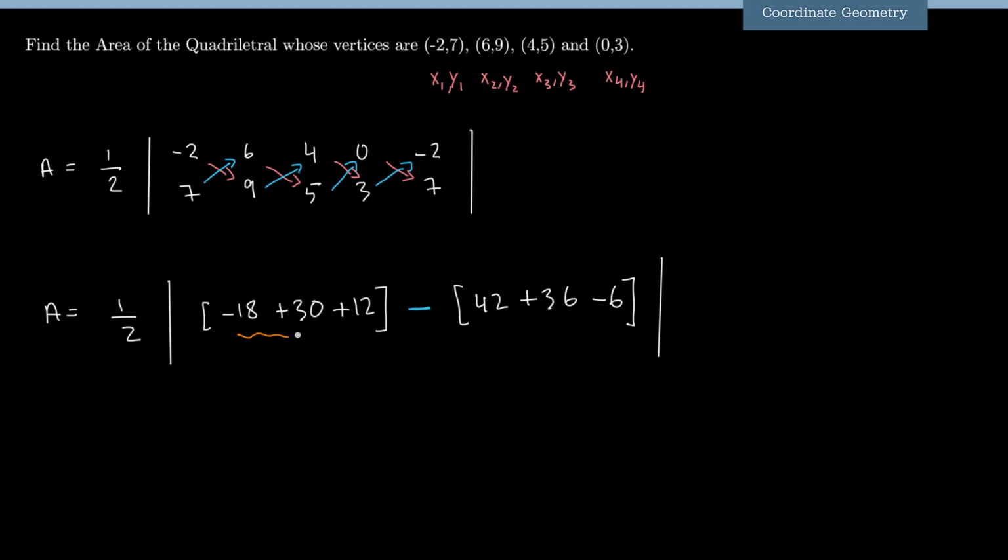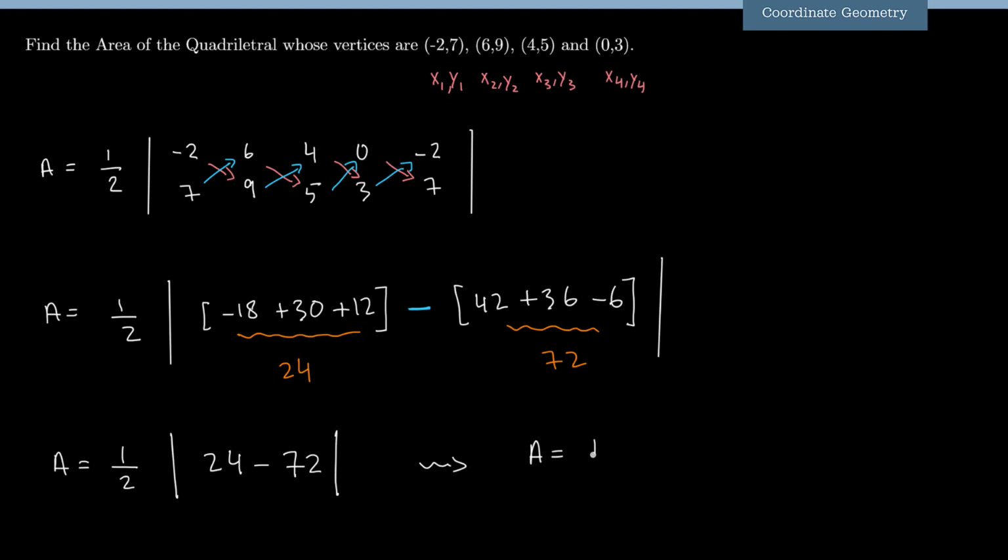Minus 18 plus 30 plus 12 is 24, and 42 plus 36 minus 6 is 72. So this would be area is equal to 1 upon 2 modulus of 24 minus 72. 24 minus 72 is minus 48. So this would be area is equal to 1/2 times modulus of minus 48.